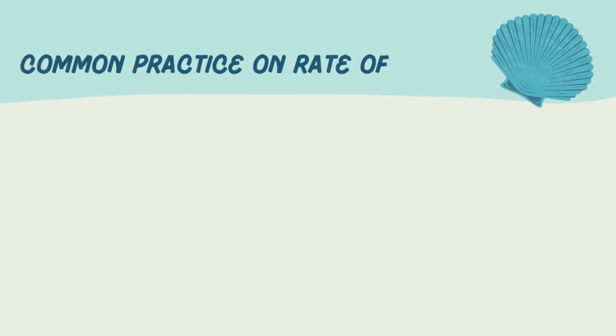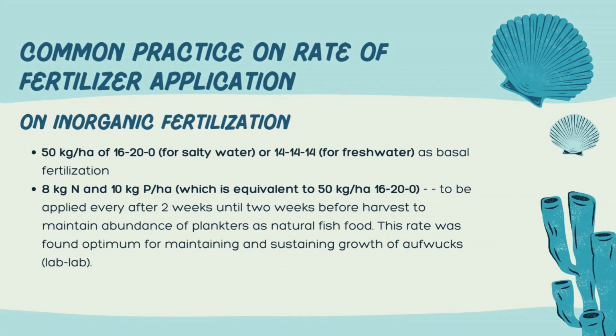For inorganic fertilization without soil analysis, the recommended application rates are the 50 kilograms per hectare of incomplete inorganic fertilizer 16-20-0 NPK for salty water, or the complete inorganic fertilizer of 14-14-14 NPK for fresh water as basal fertilization.